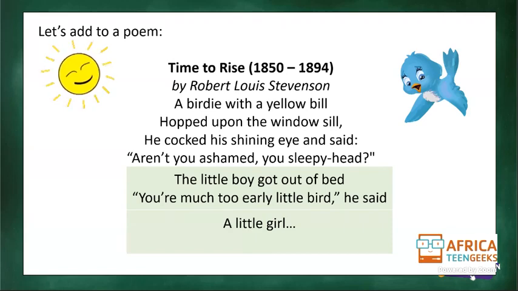A little girl across the street, lazy to do anything. And can you make something rhyme with that? So the little bird started to sing, you could say, something like that. Okay, good, good. We'll have one more person.